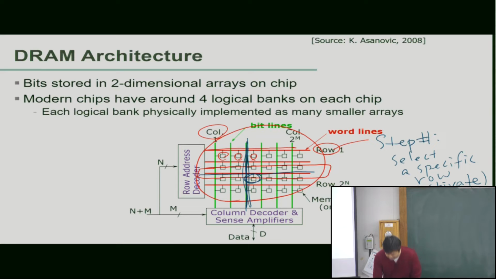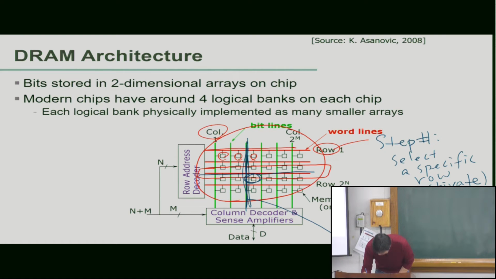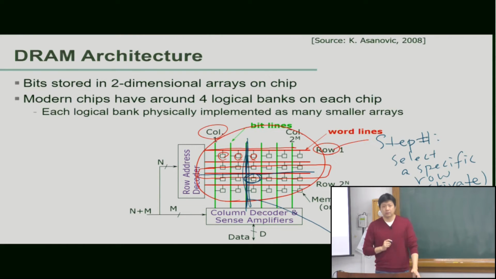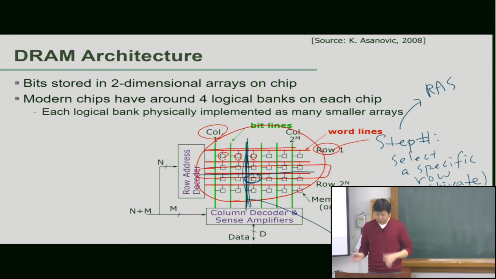So this is step 2. You provide a column address, either for a read or write, to read a specific column from the selected row. Providing the row address is called the row address strobe, RAS, and this second operation is called CAS, the column address strobe.